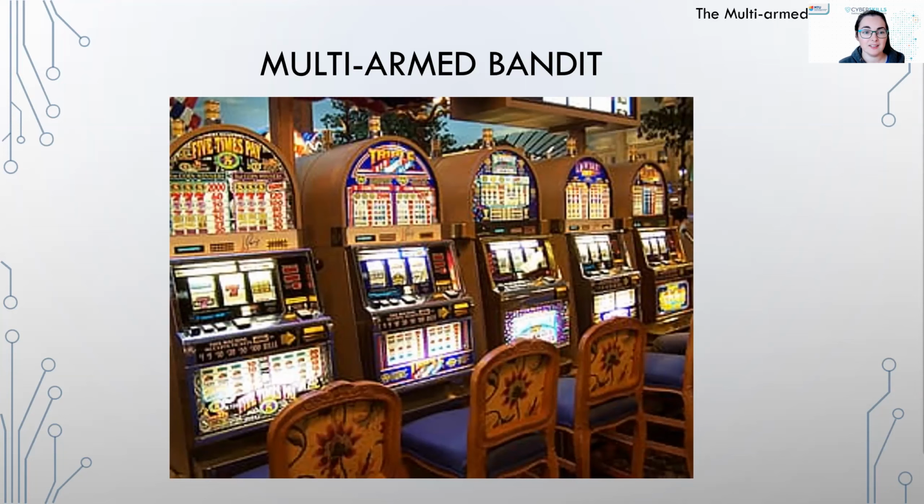A gambler using all these bandits is faced with the crucial problem of how much time to spend exploring different machines and how much time to spend exploiting the machine that seems to be giving the best rewards. The objective of the gambler is, over a series of plays, to maximize the sum of all the rewards they get.